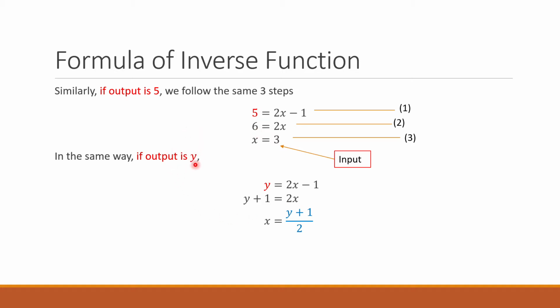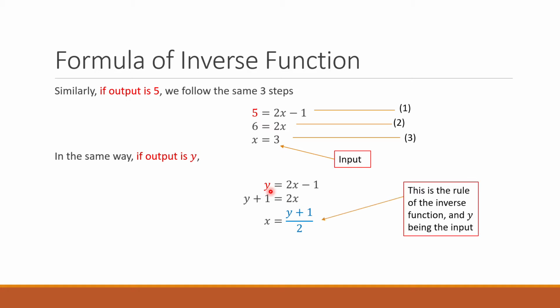If I give you a more generic form, let's say the output now is called y. My aim is to find x. To find x, same thing, I need to plus 1 divided by 2. So in other words, the rule is that I need to plus 1 divided by 2, no matter what the output is. To undo it, I just need to plus 1 divided by 2. That's why I can say that this formula over here, the blue one, is the rule of the inverse function.